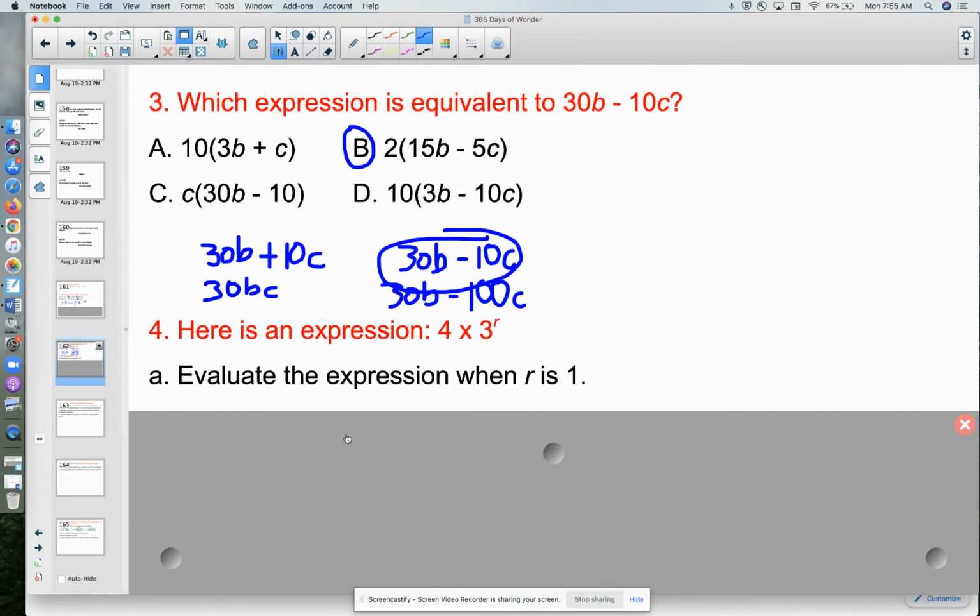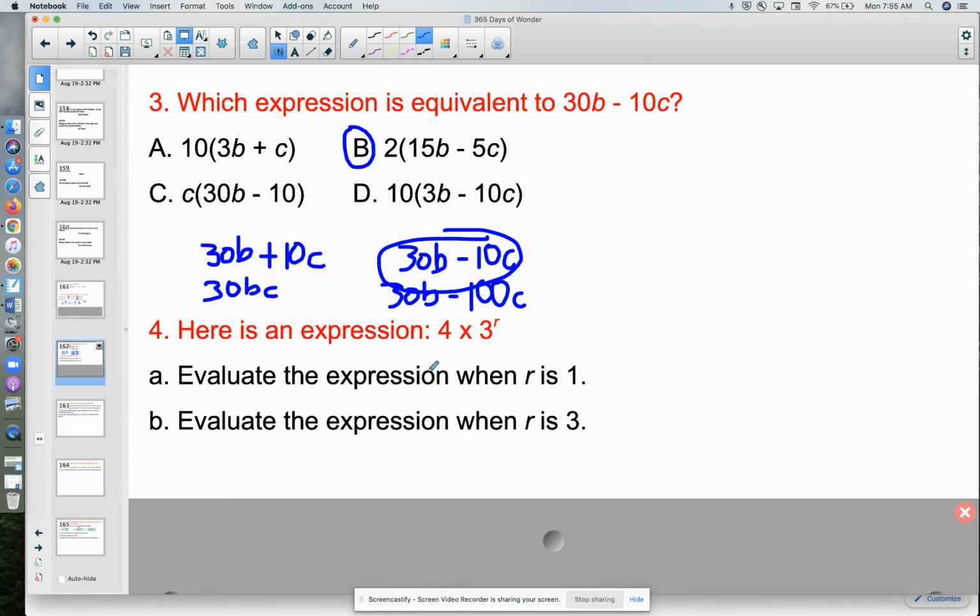Okay, next. Here's an expression: 4 times 3 to the R power. Evaluate the expression when R equals 1. So when R equals 1, that's just 4 times 3, right? And that's 12. What about when R is 3? 3 to the third power.